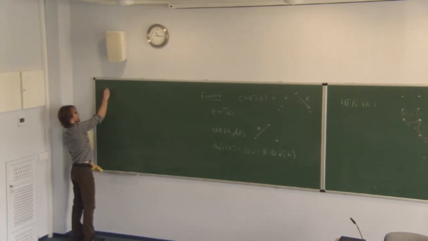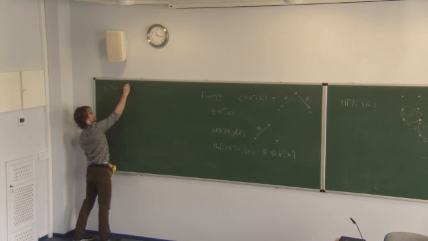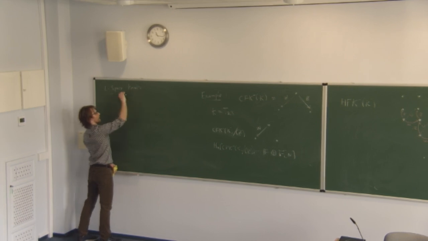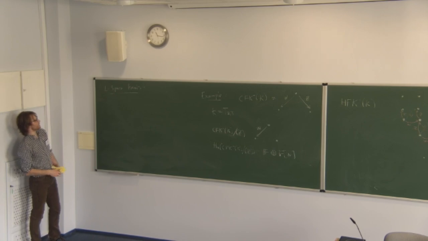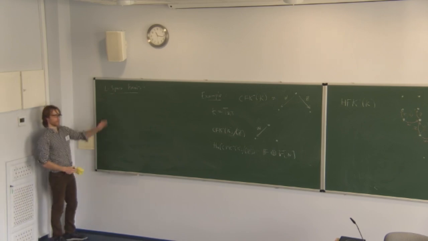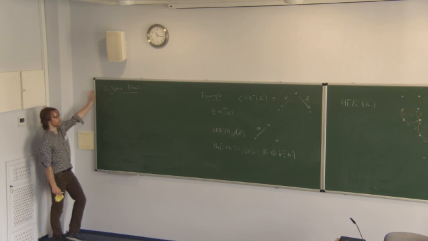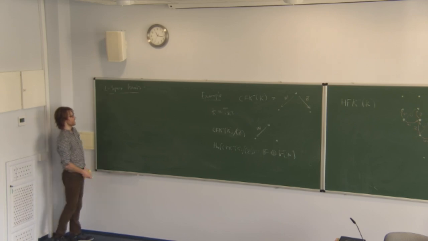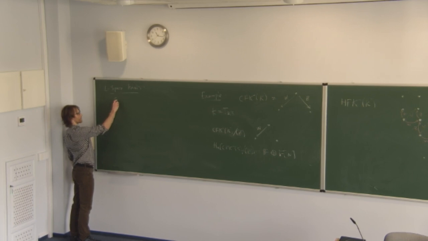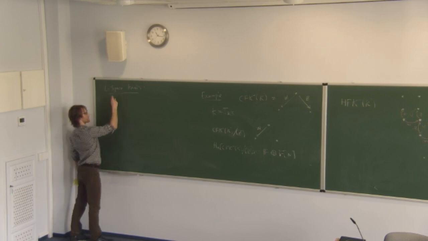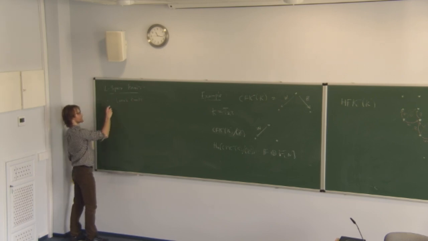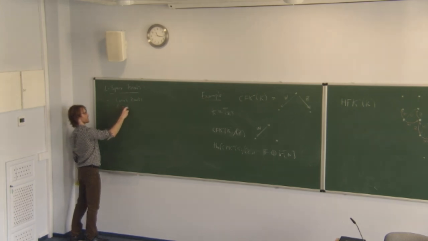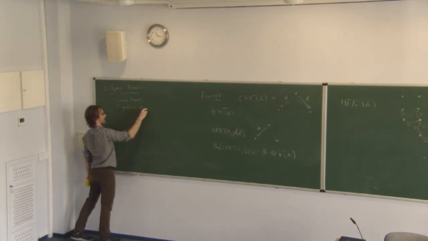Okay, so L-space knots. Let's talk about this more. This is a family studied by Ozsvath and Szabo, and it's one of the earliest families of knots understood, one of Ozsvath and Szabo's early results. So examples include the torus knots. And actually all algebraic knots are L-space knots. This is due to Hedden.